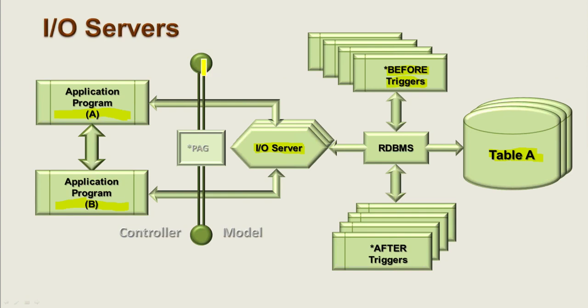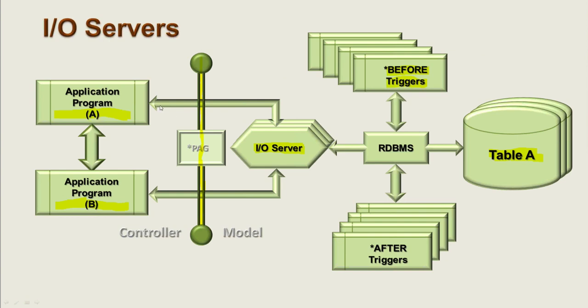Okay, this line here is then basically the barrier, the border between the application and the database. And the I/O servers act as the border control.